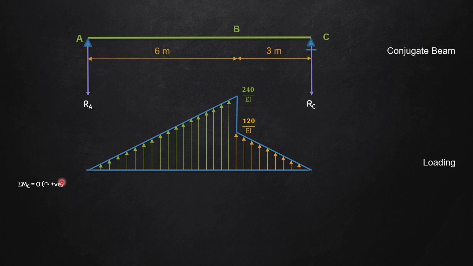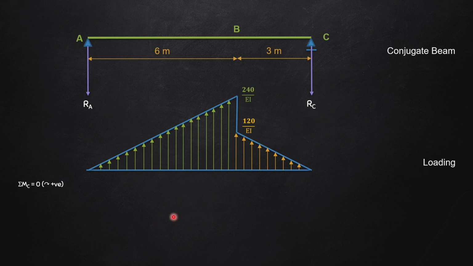So summation of moment about C is equal to 0, clockwise positive. So I'm going to be finding the moment about this point. Therefore the three loads that I have to consider are this downward RA, this upward UVL of 240 divided by EI having a span 6 meter, and this upward UVL of 120 divided by EI having a span of 3 meters.